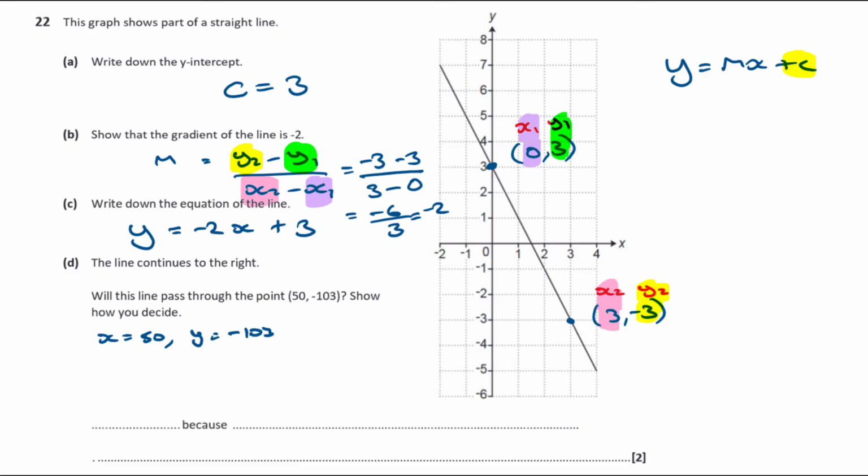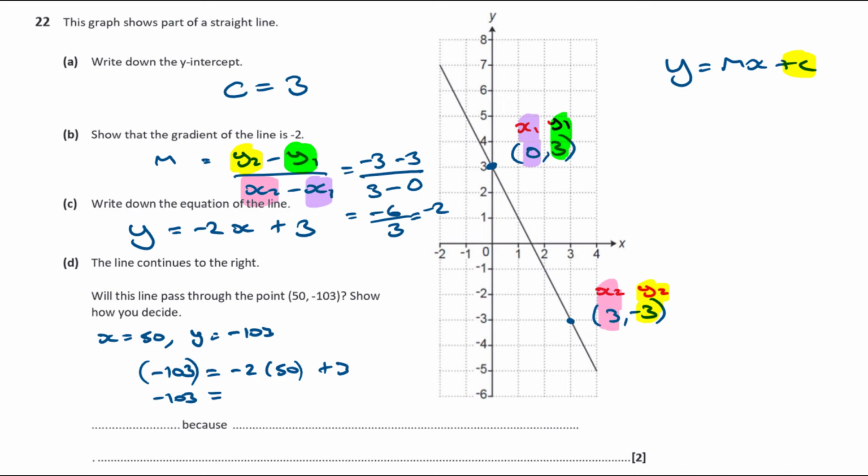Okay, so if I put minus 103 where the y is, and that's equal to negative 2 lots of 50 plus 3, what's that then? So that's negative 103 on the left. On the right, I've got negative 2 lots of 50, that's negative 100.